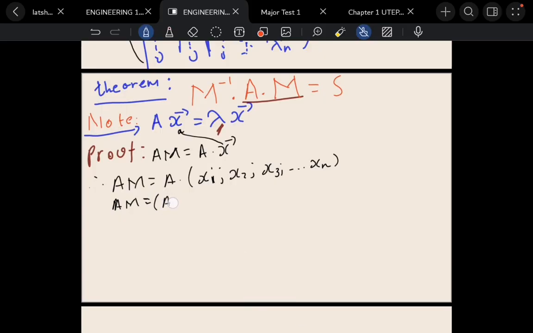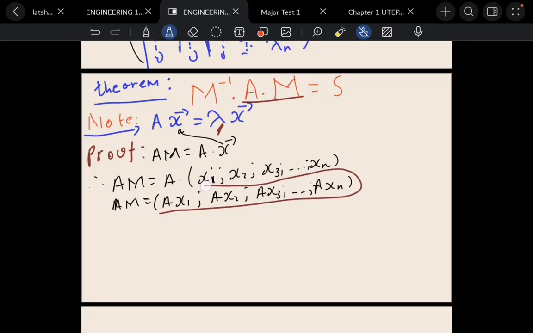So we are going to have A times X1, comma, A times X2, comma, A times X3, comma, until you have A times Xn.